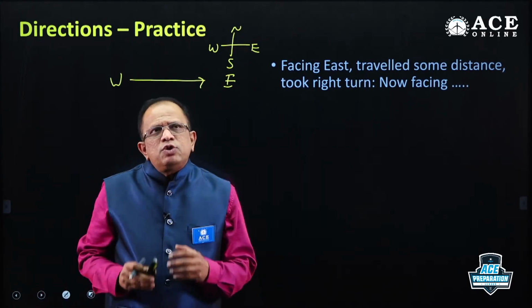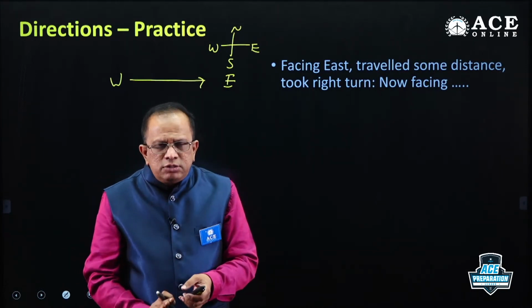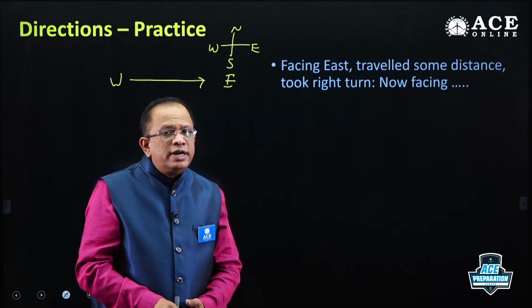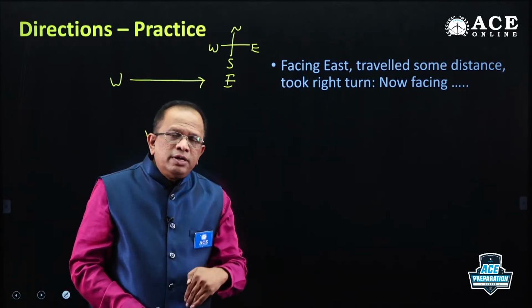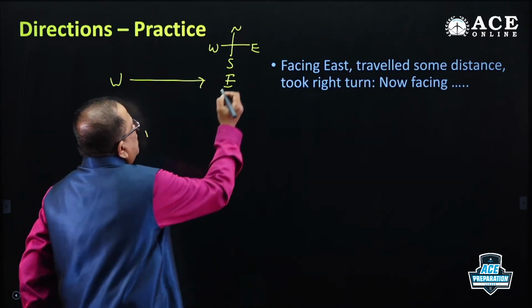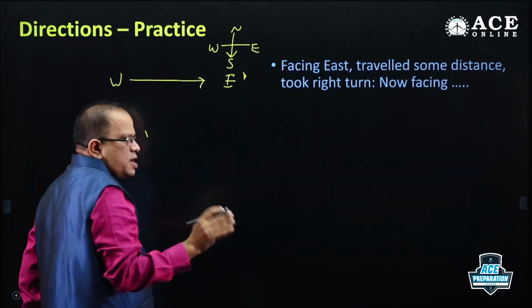If someone is moving towards north, what is the default value? From south he is moving towards north. Someone is moving towards south means from north he is coming to south. So don't expect that someone coming towards south means he is coming from north only.